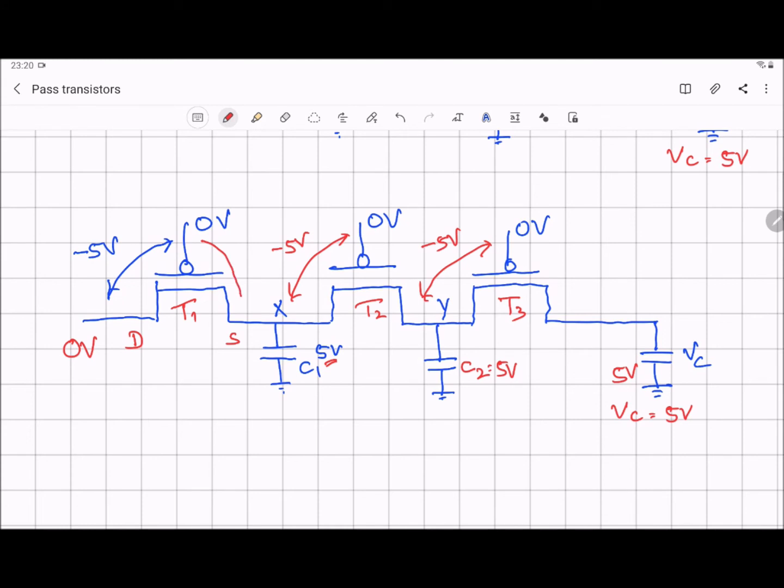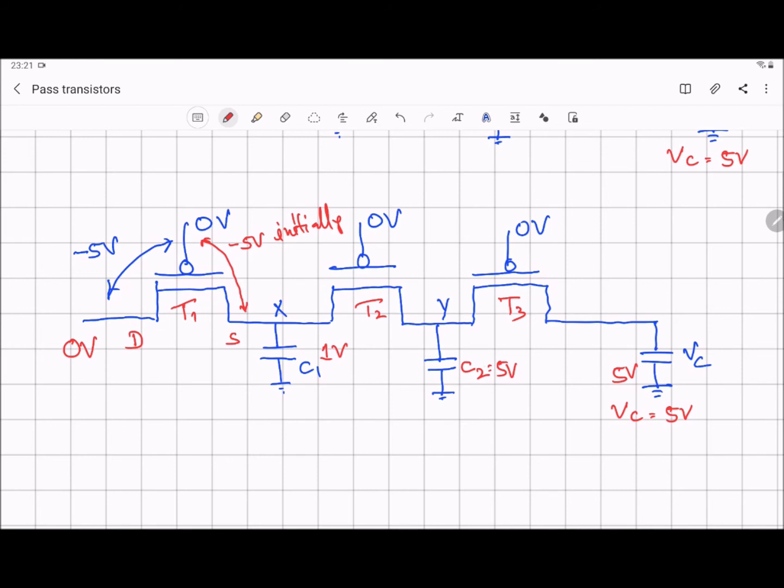So VGS is going to be equal to minus 5 volt initially, and the capacitor is going to discharge, so we will have 1 volt across the capacitor. So the new voltage is going to change to 1 volt.